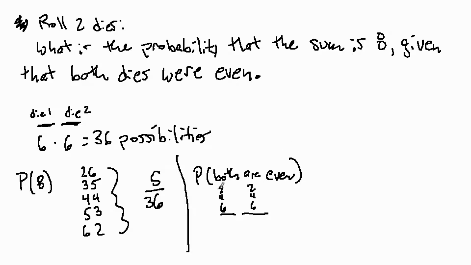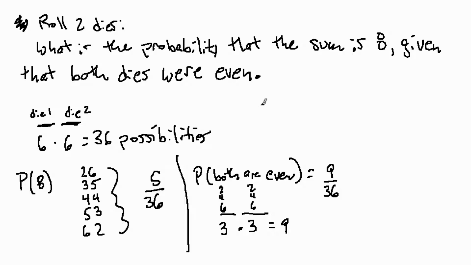So if I wanted to list them all, it could be 2,2; 2,4; 2,6; 4,2; 4,4; 4,6; 6,2; 6,4; 6,6. We see that there are 3 ways to do it this way, 3 ways to do it this way, a total of 9 ways to do it. So the probability that both are even is going to equal 9 over 36.